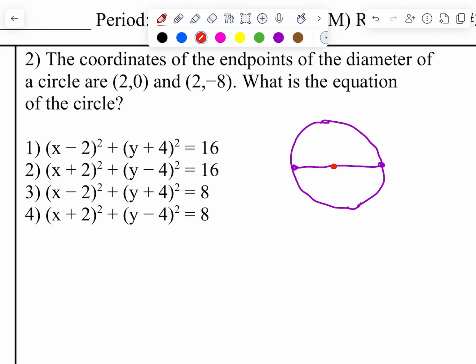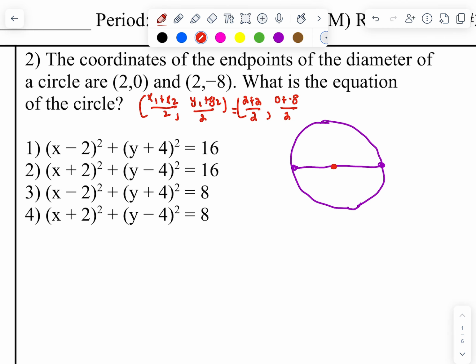So I'm going to really quickly use the midpoint formula, which is x1 plus x2 over 2, y1 plus y2 over 2. That's 2 plus 2 over 2, and 0 plus negative 8 over 2.